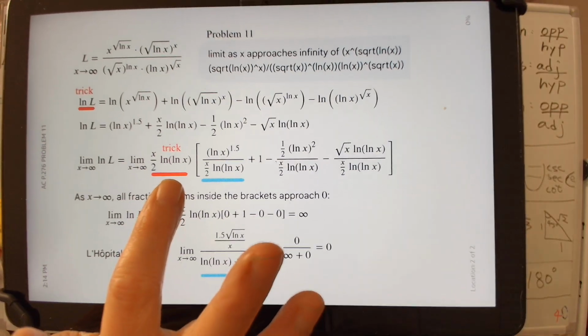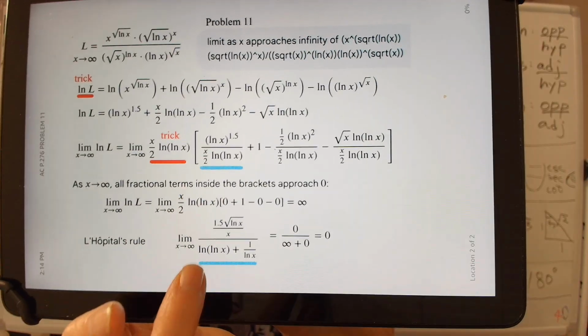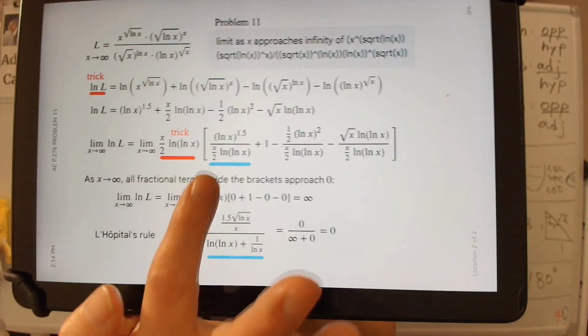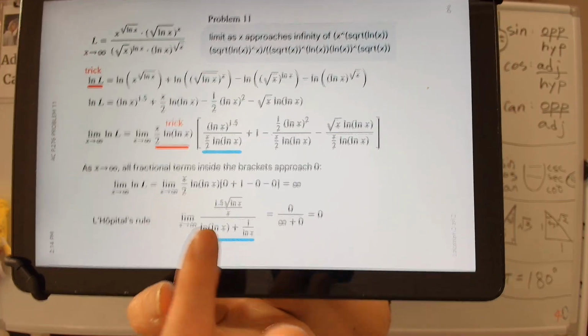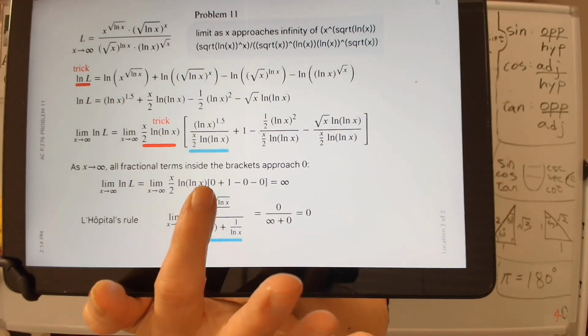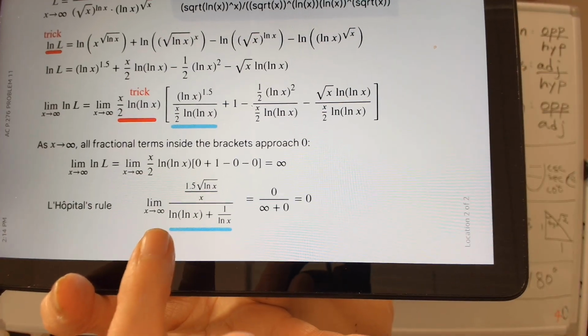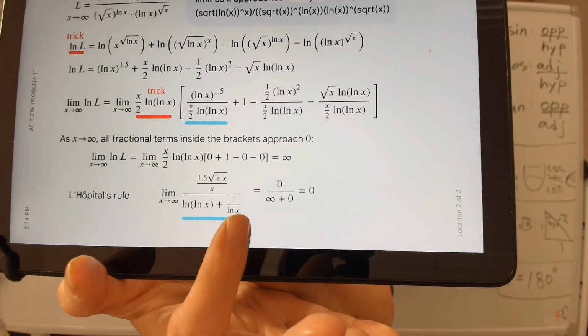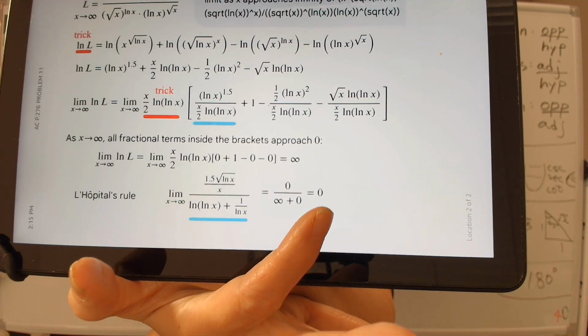So once we factor that out, we get these things, and then we can prove that each one of these, besides this one, each one of these terms goes to 0 as x goes to infinity. So then for the limit, we only have to calculate this one, and this one can be calculated by L'Hopital's rule, which quickly we notice ends up going to 0.